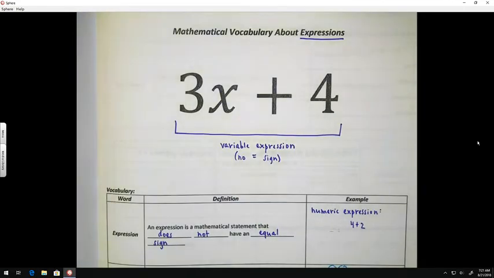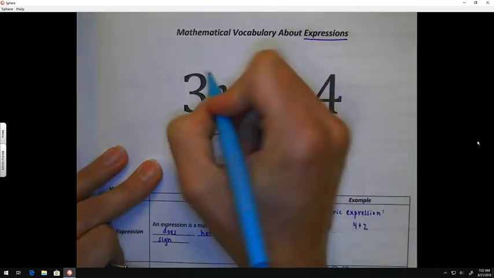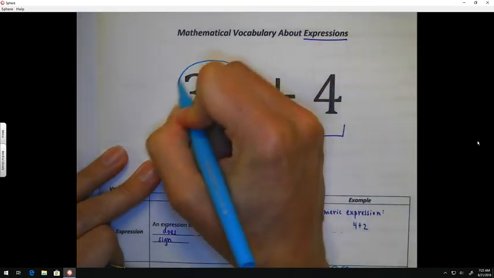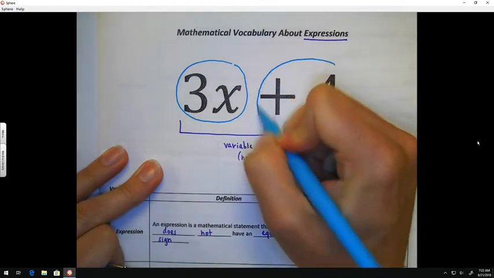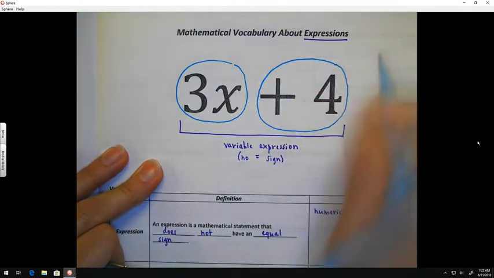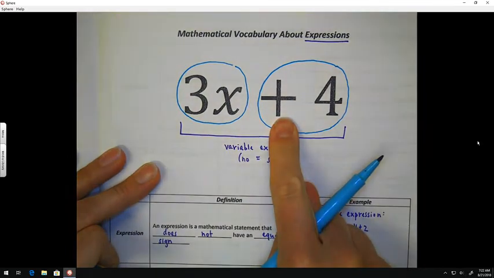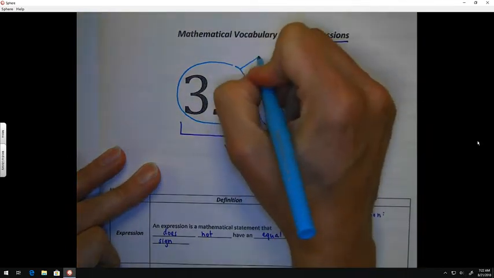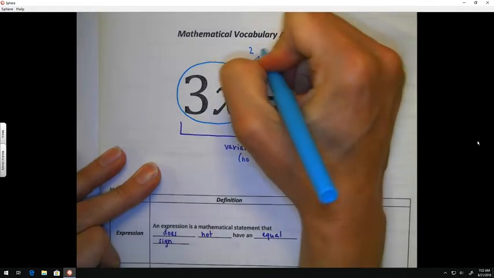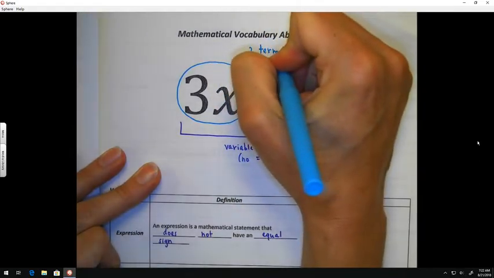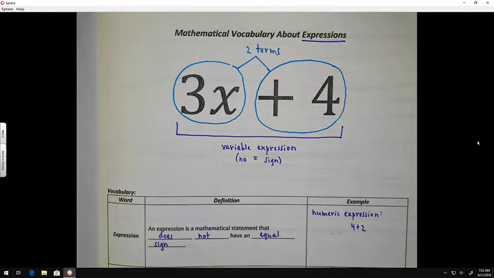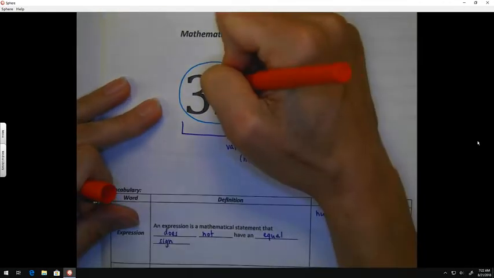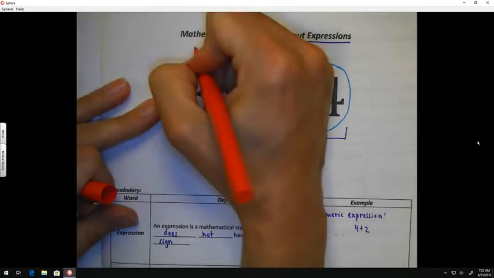Okay, this expression has two terms, so I'm going to circle this, and I'm going to circle this. Notice that when I take the 4, I'm taking the plus sign in front of it as well. So this, we would say, has two terms, two parts. Obviously, we know the x is our variable.